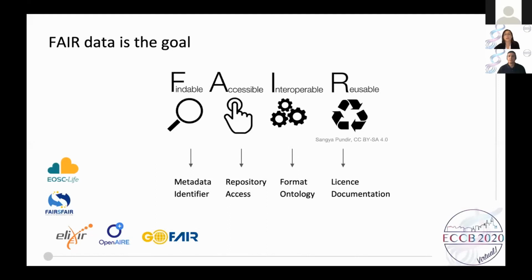Interoperable means that the data should work and run on different software platforms and systems. So of course, using common vocabularies or standards, like ontologies and open formats, will support that. And finally, for a dataset to be reusable, you have to apply a clear license and documentation to make the data understandable.